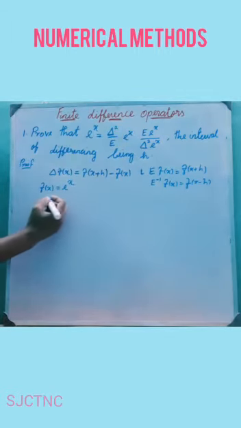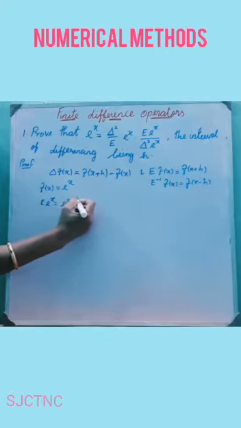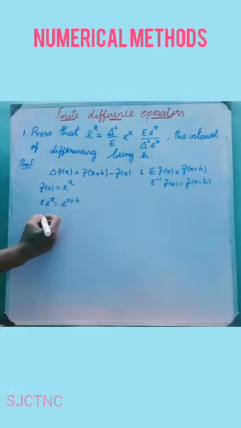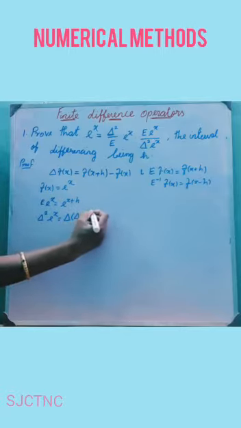First I am going to solve the value e power x. What is e power x? It is nothing but e power x plus h. Then what is del squared e power x? Del squared e power x is nothing but del into del e power x.